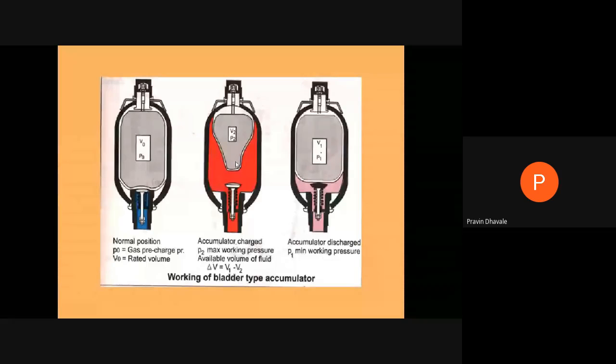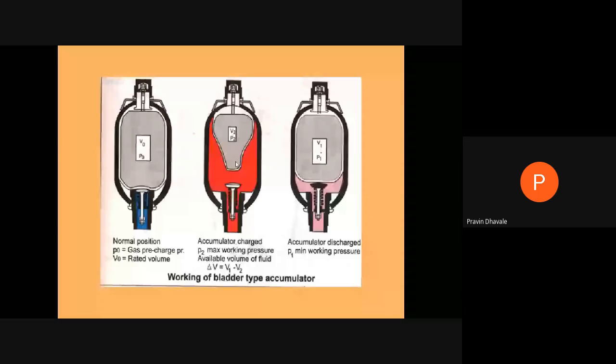It will be a positive seal. Second, it is compact and light, so it has a small inertia and it provides quick pressure response.